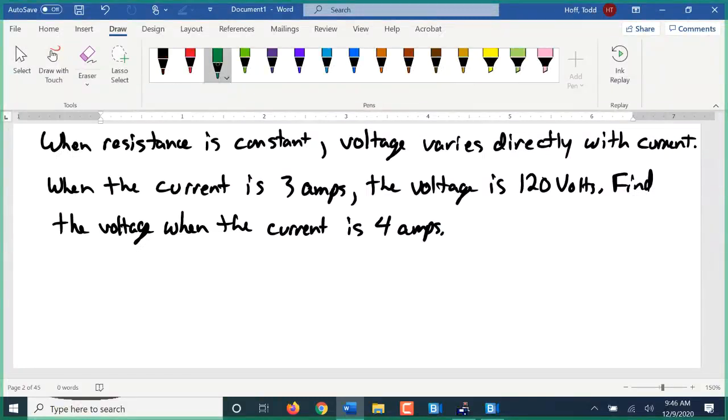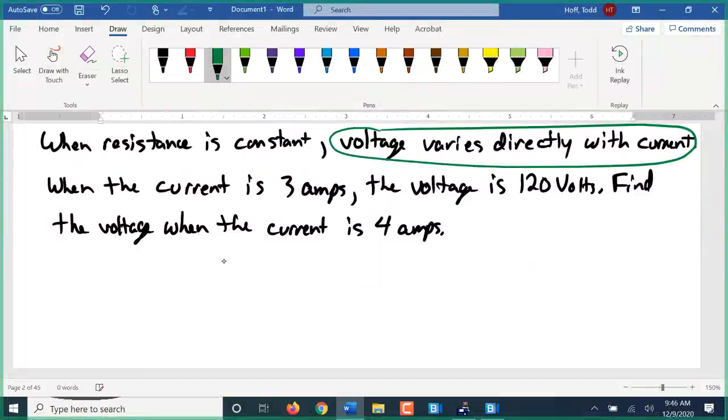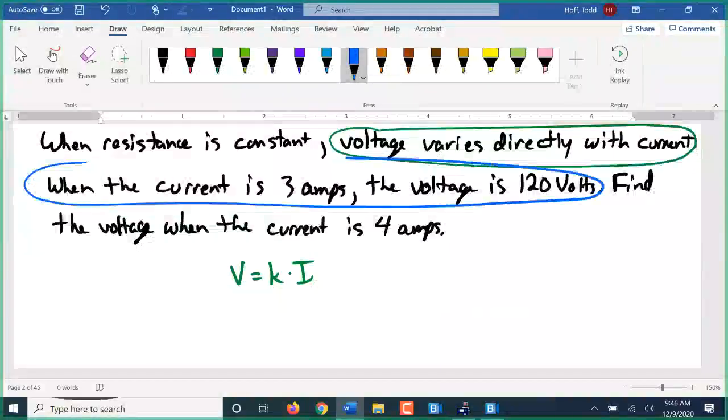So here we have voltage varies directly with current. So V equals a constant times I. I'm going to use I for current because that's the symbol that's typically used. Now we can find K, that constant, because when the current is 3 amps, the voltage is 120 volts.